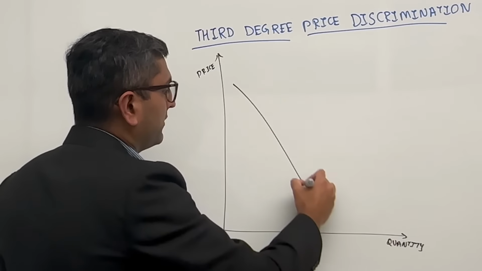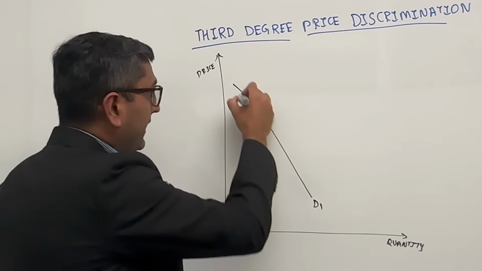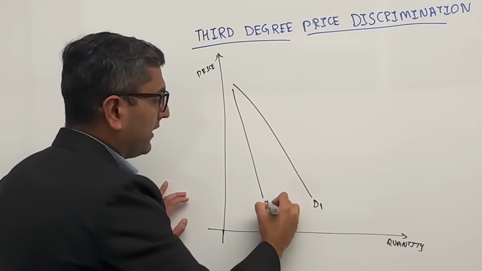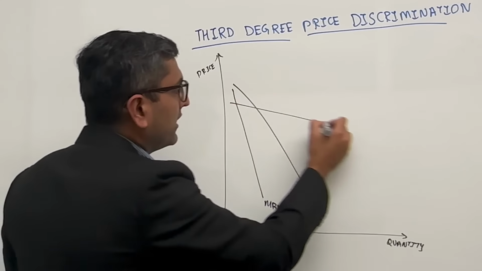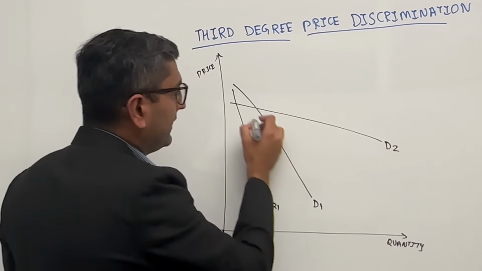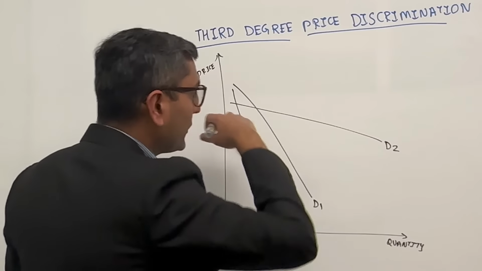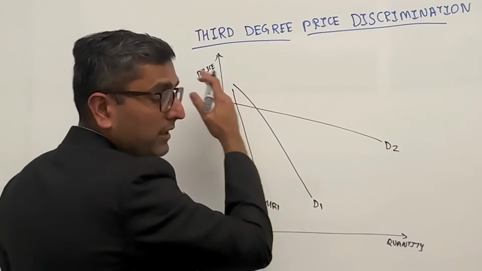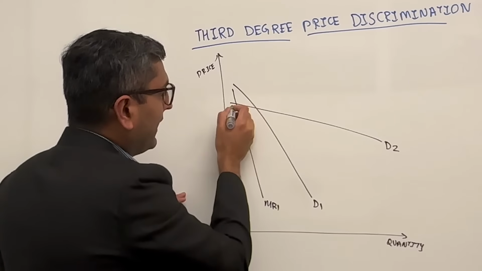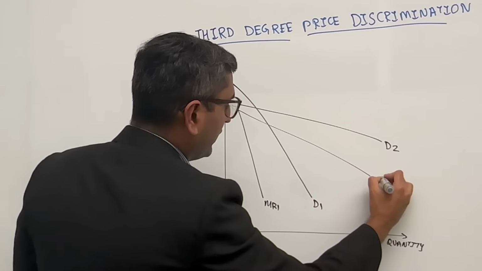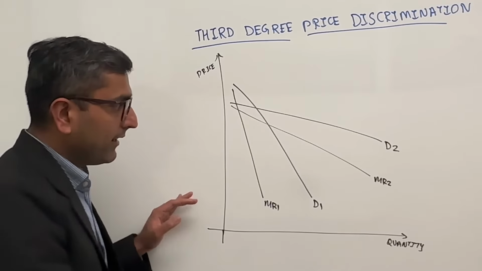One demand curve which is inelastic, D1, and it has its own marginal revenue curve, MR1, and there is another demand curve, D2, which is way more elastic. If you look at the slope, the higher the slope, the more inelastic; the lower the slope, the more elastic. And it has its own marginal revenue.